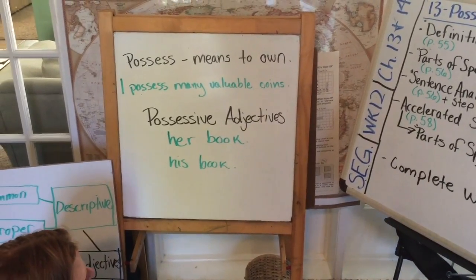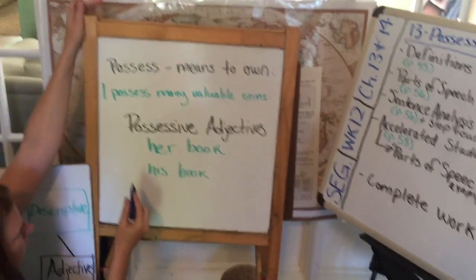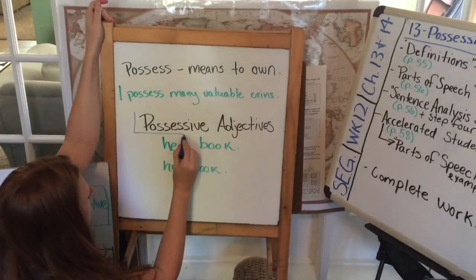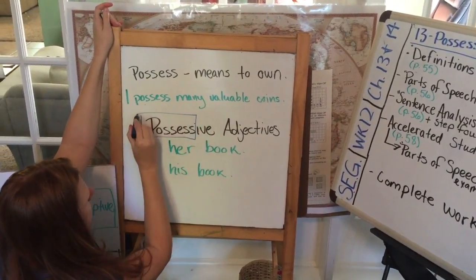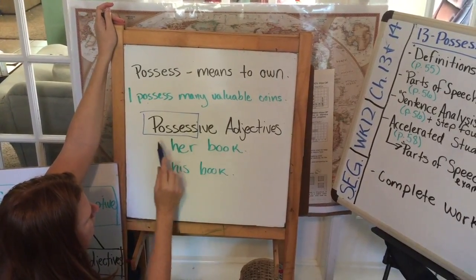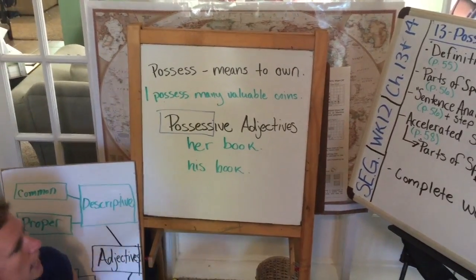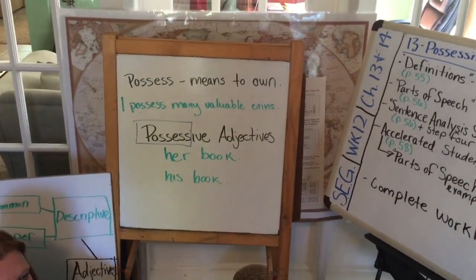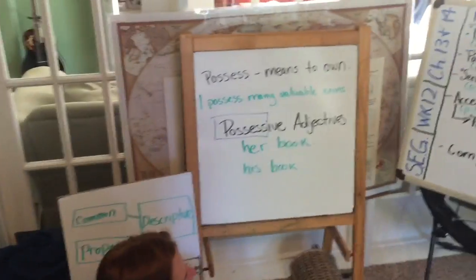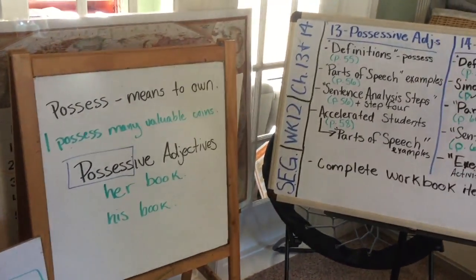Define possess. If you look here, guys, here's the word possess, and then it has the suffix -ive, which means possessive. So one type of adjective that we have is a possessive adjective. What does that mean?